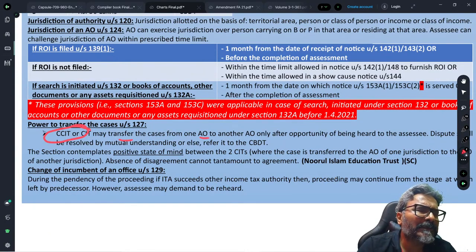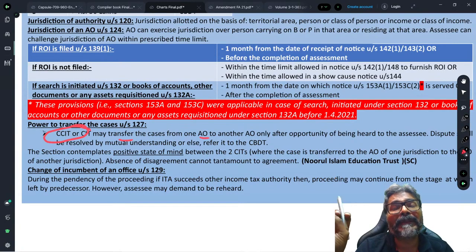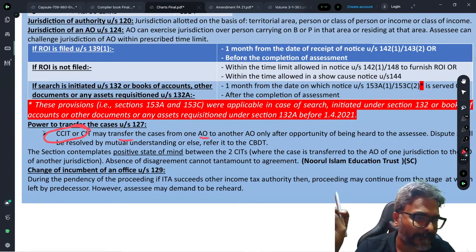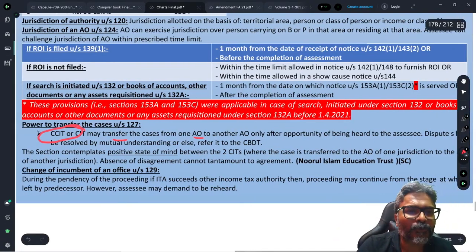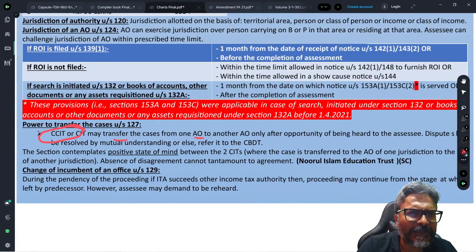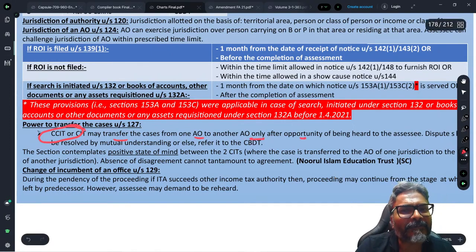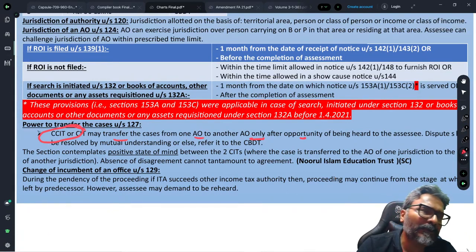But be careful, students, in this case, if the other AO to whom the case is transferred is from another city, then such a transfer can only be done after the opportunity of being heard has been given to the SSC.